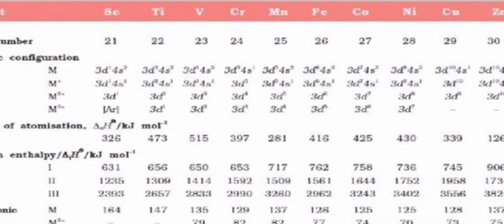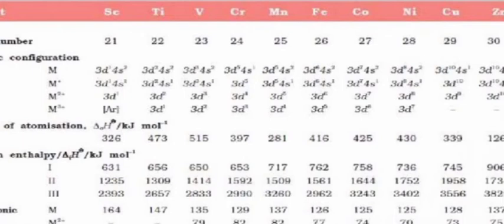The first ionization enthalpy of scandium is 631, titanium is 656, vanadium is 650, then chromium has the value 653, manganese has the value 717. Iron has ionization enthalpy 762. Then cobalt has 758.